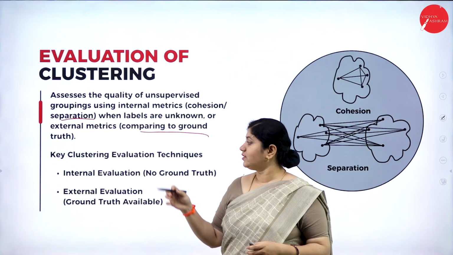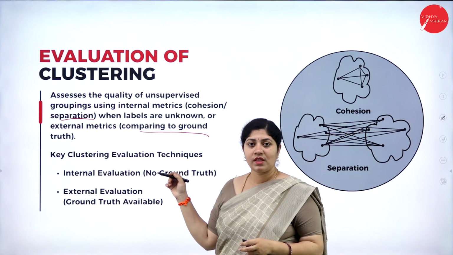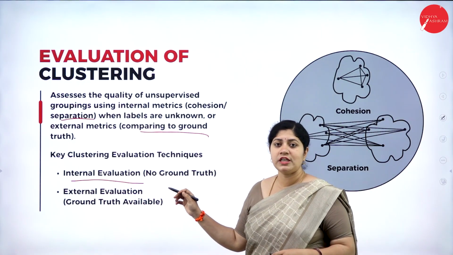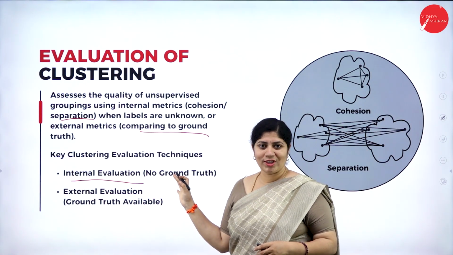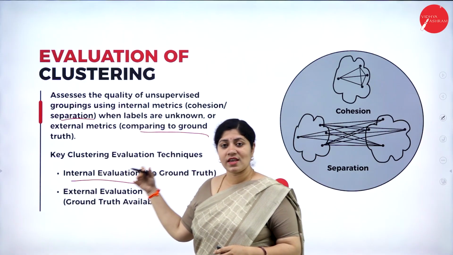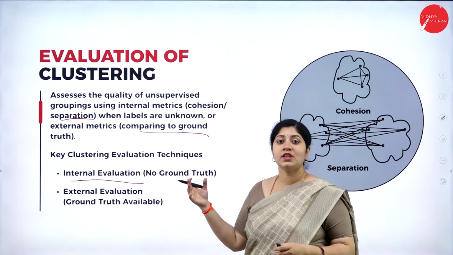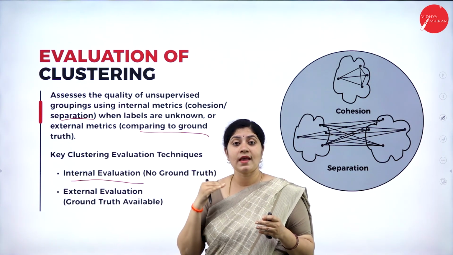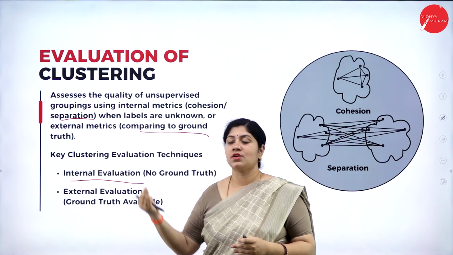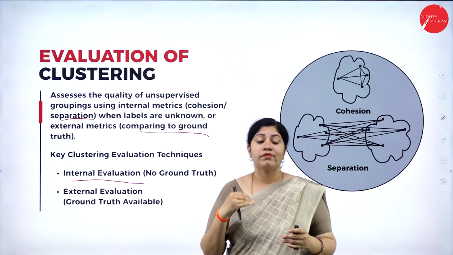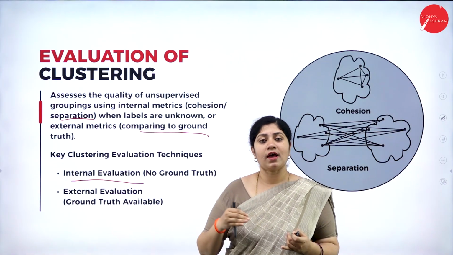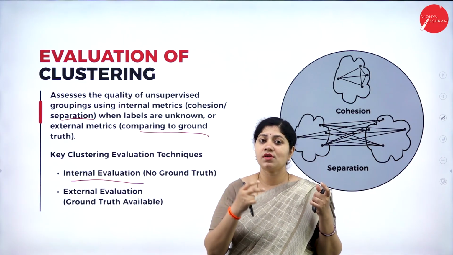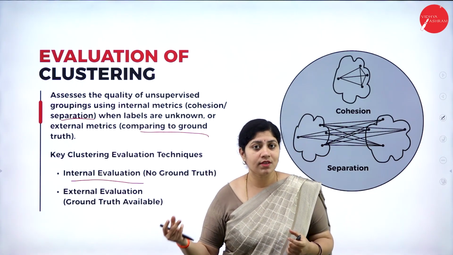Further, the key clustering evaluation techniques are: the first one, internal evaluation, which uses no ground truth, and the next one, external evaluation, which uses the ground truth, where the ground truth is available for the evaluations. So this is how we can evaluate internally as well as externally, by considering the ground truth or leaving it out.